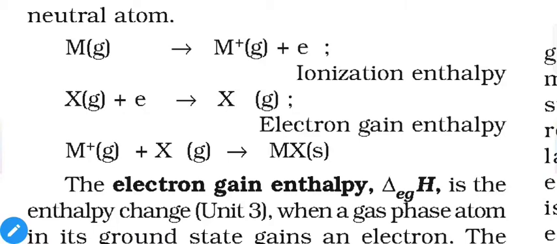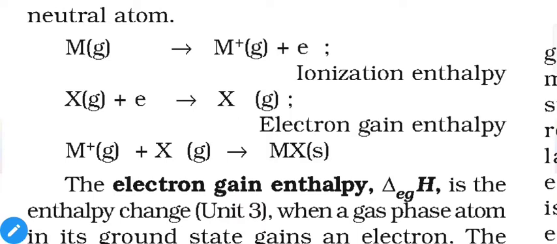First we have metal in gaseous state. You have to convert the metal into gaseous state first to lose electron. It cannot release electron directly from the solid state. So metal in gaseous state gives metal ion plus it releases an electron. This is ionization, and the energy involved in this reaction is called ionization enthalpy.